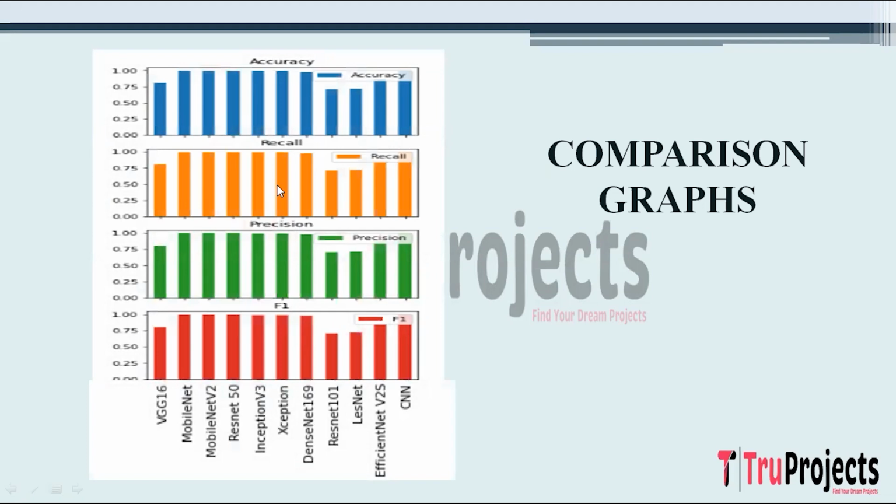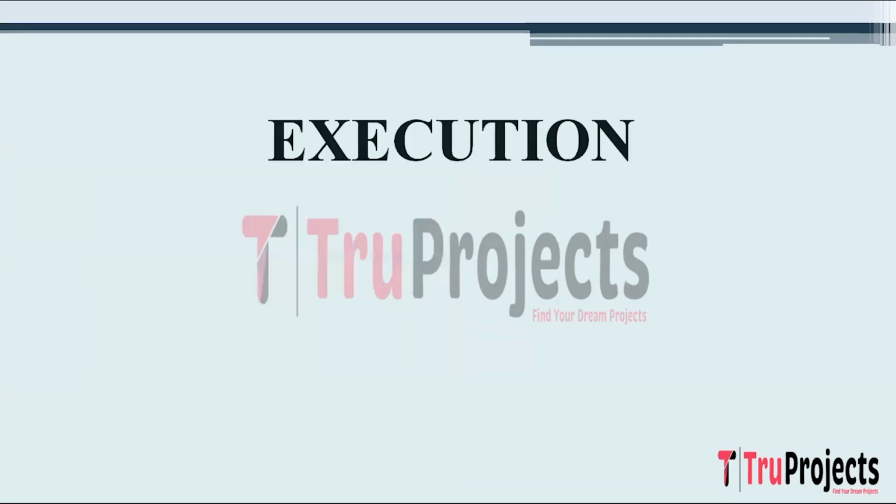Recall measures the ability to identify all relevant instances, showing how many actual positives were correctly predicted. Precision measures the accuracy of positive predictions, indicating how many predicted positives were actually correct. And F1 score combines precision and recall into a single metric, balancing accuracy and completeness in predictions. So, the algorithm which is best performing in all the performance metrics will be used for classifications.